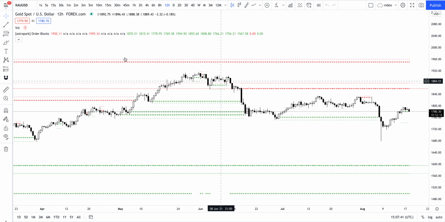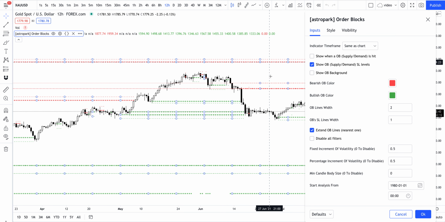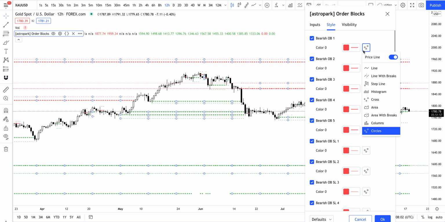Okay, as you can see in this indicator, the zones are drawn using dots. This way, you have, in my experience, a better look. You can go here to the style and change this to a line, for example, or step line, a line with breaks.